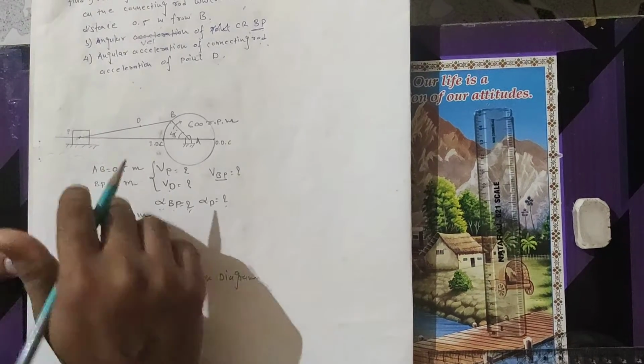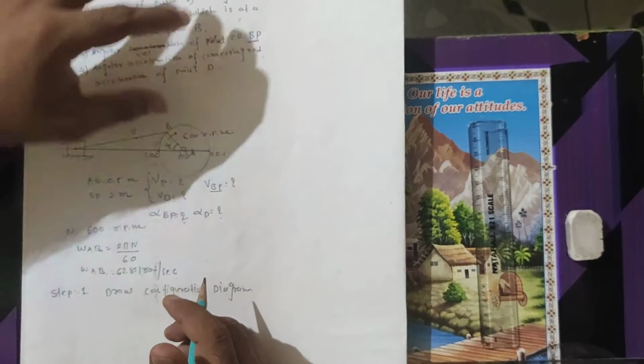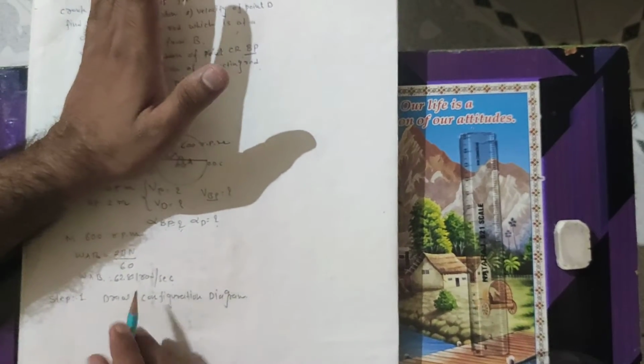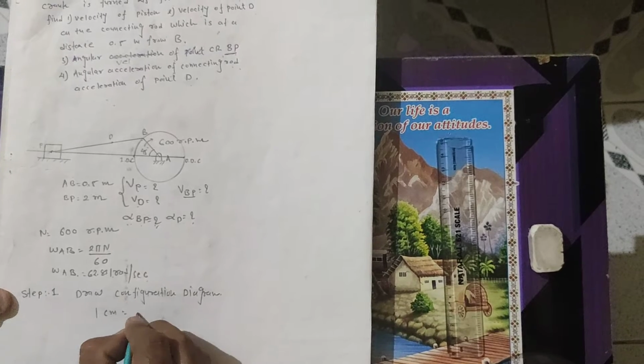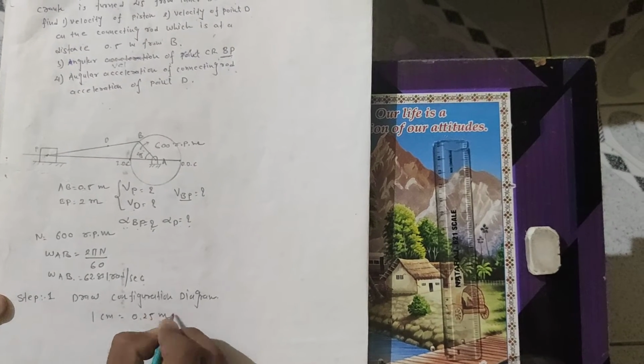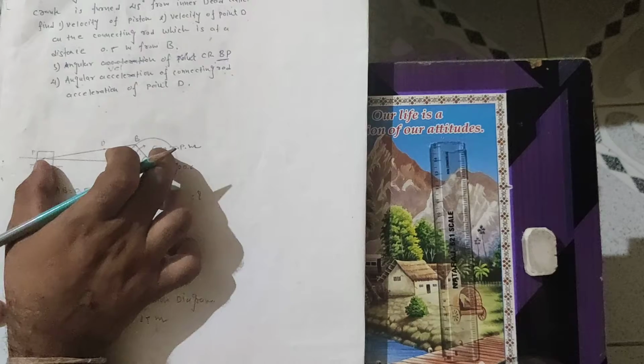This configuration diagram is given in the book, but when we solve the numerical we also have to draw it in our sheet. For that purpose we have to consider a suitable scale: 1 centimeter is equal to 0.25 meter. This is the scale for understanding purposes, and with its help we draw this diagram.